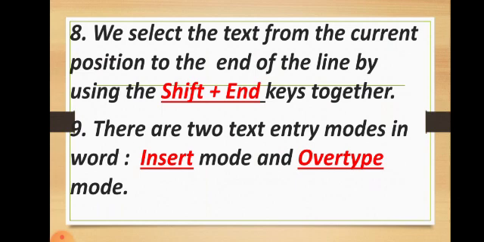Okay. Ninth one. There are two text entry modes. What are they? There are two text entry modes in Word. They are, first one, insert mode, and the second one is overtype mode. Okay. First one is insert mode and second one is overtype mode.